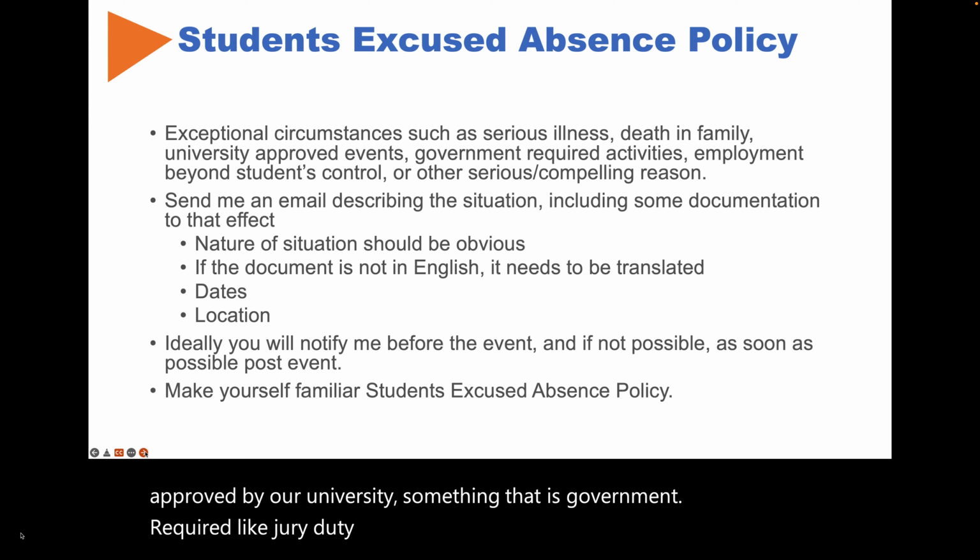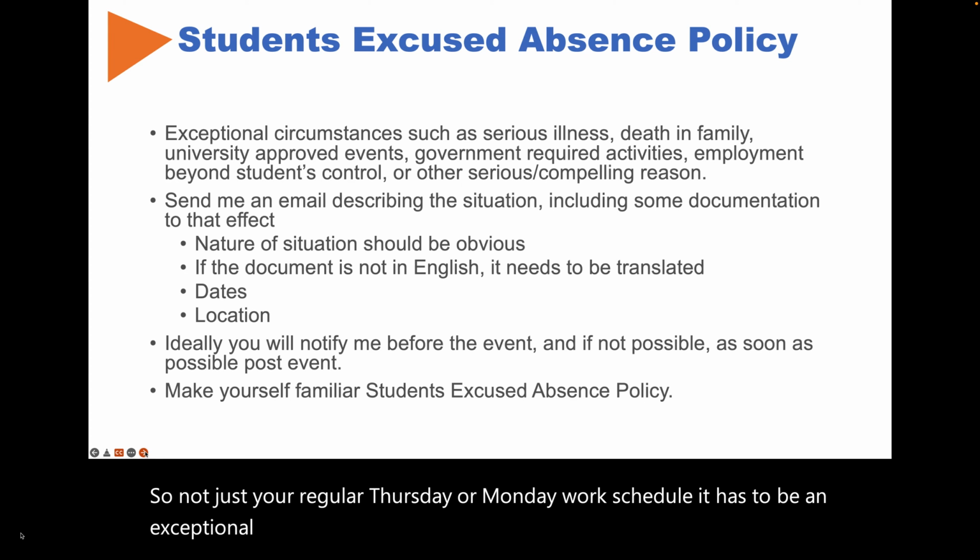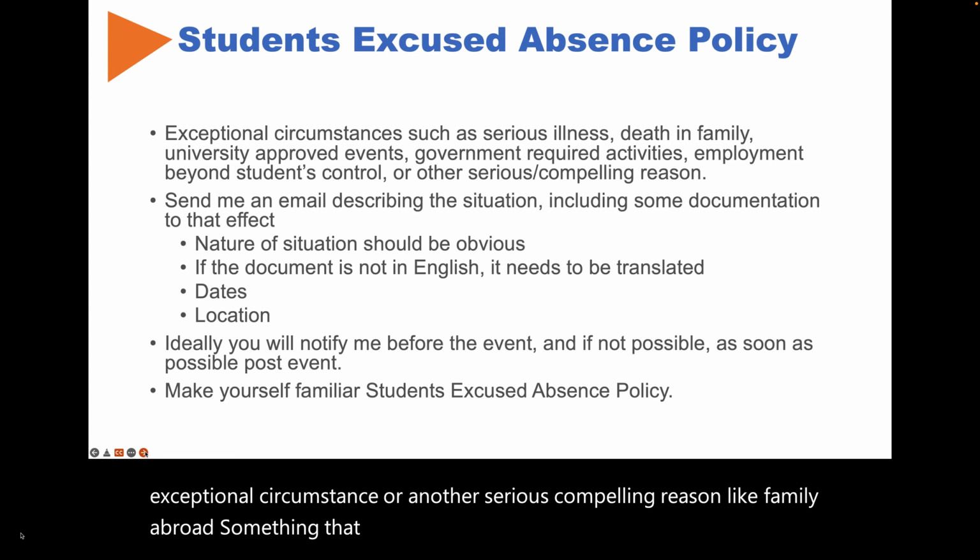Or employment that is beyond your control. So not just your regular Thursday or Monday work schedule. It has to be an exceptional circumstance. Or another serious, compelling reason, like family abroad, something that is causing you to miss.